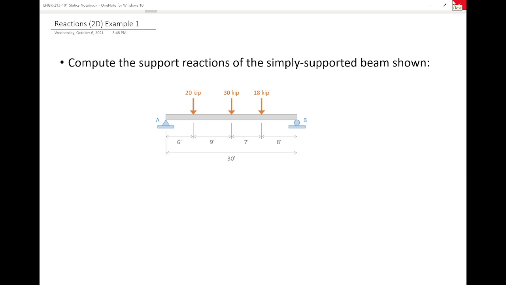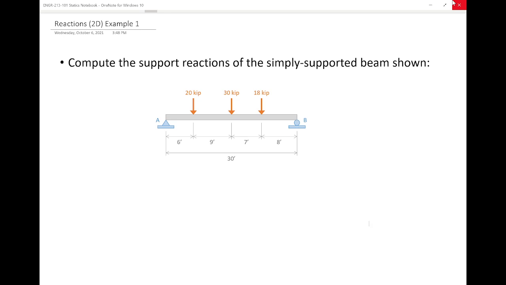Now, I want to make a couple points about how to address this, okay? First off, how many unknown reactions are at B? So see, people have been paying attention. At support B, how many unknown reactions do we have? B is a roller support right here. 1.